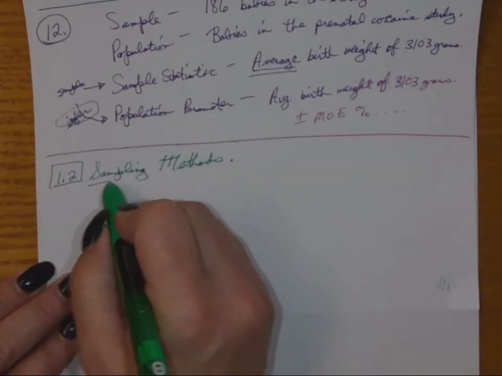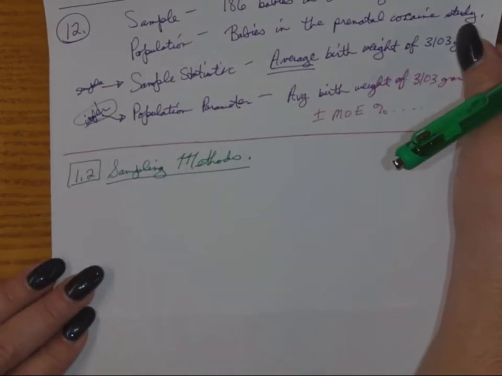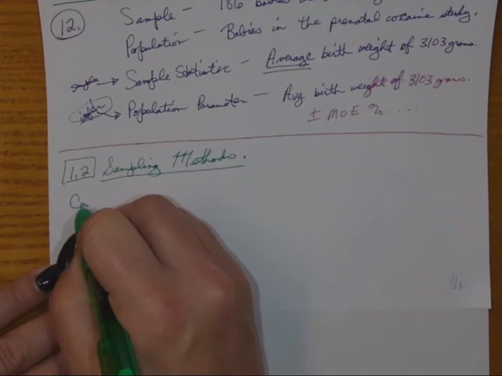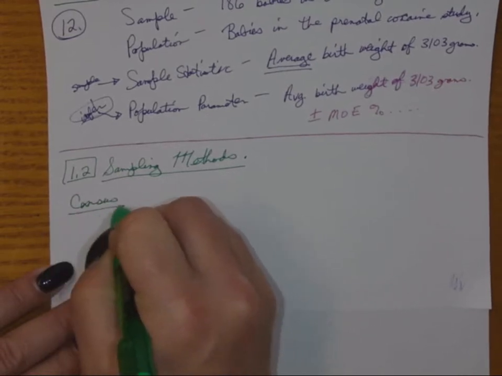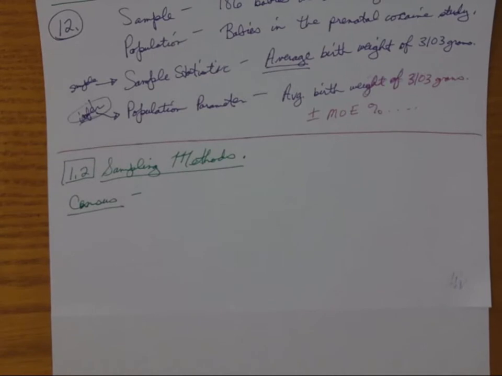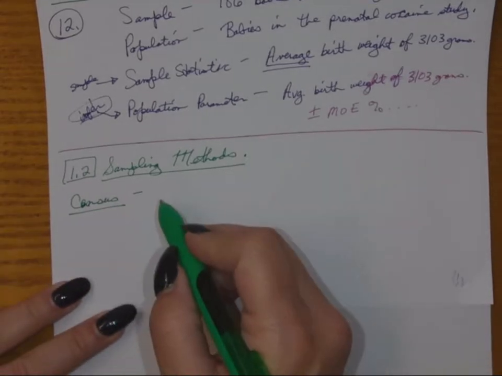Sampling methods. Okay, well, before we get to sampling methods here, we need to talk about what a census is. Okay, what is a census is the question. So in general, in America, we use census pretty regularly because we do a 10-year census, right? And in that time, we just had one in 2020.